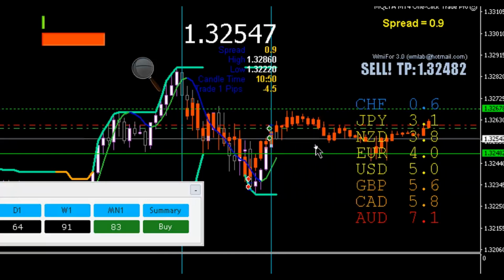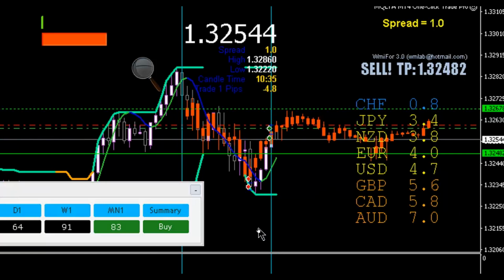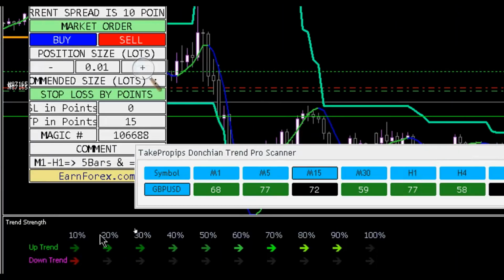But as you can see, the market price now is dropping a bit, and the British pound is still in front of the US dollar, so that's good news. Yes, that's all right.